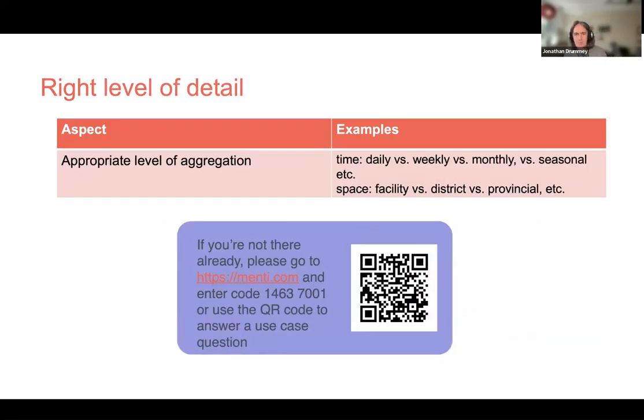So now talking about right level of detail, we have another Menti that we're going to be doing, talking about aggregation. And so when we have data, we may get data at an individual level, or when it comes to, let's say, a spatial data set of rainfall data that might be at the kilometer or 5 kilometer grid, and yet we need to aggregate that up to the district level or provincial level, or identify what is the rainfall or temperature around a facility.